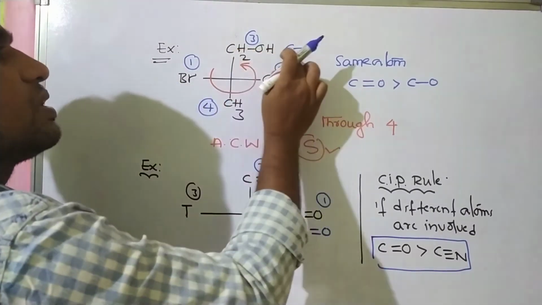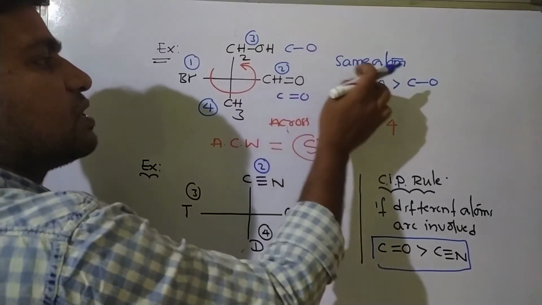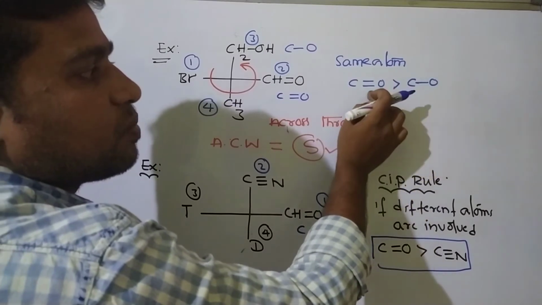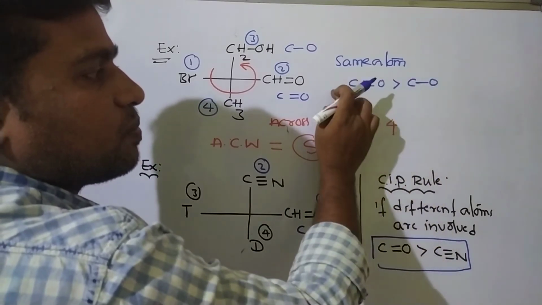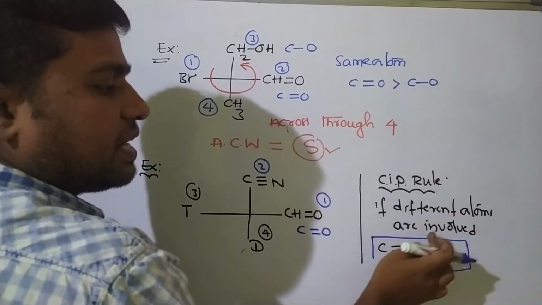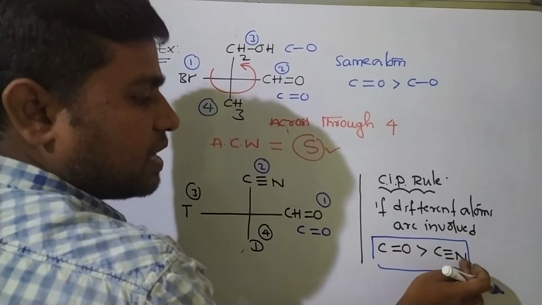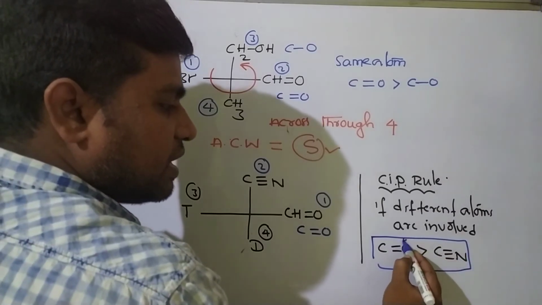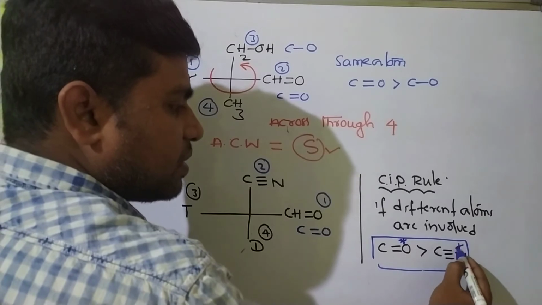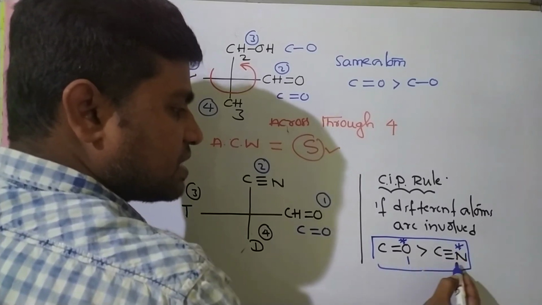But in this case, this is a double bond and this is a single bond with the same atoms. When the same atoms are present, double bond is greater than single bond, and triple bond is greater than double bond, which is greater than single bond. If different atoms are involved, this is carbon, oxygen, here carbon, nitrogen. So in this case, we give more priority to the second, means this will get first, this is second.